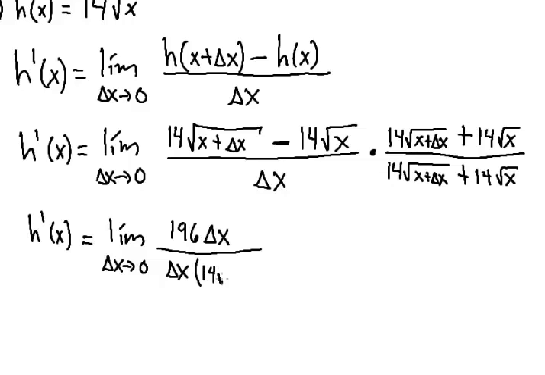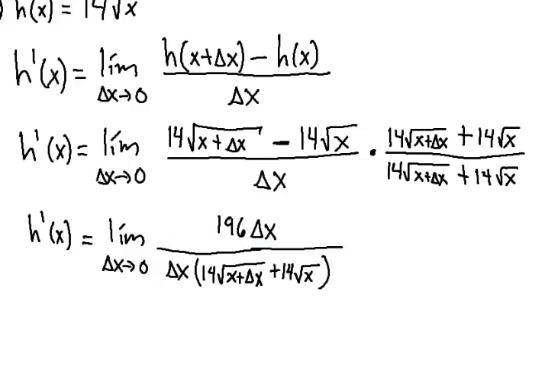Why am I doing this? Because I'm not interested in multiplying them. I'm interested in canceling the delta x. And in order to do so, I should not multiply this. Now that I have this thing in here, notice that the delta x repeats up and down. Up and down you have delta x.